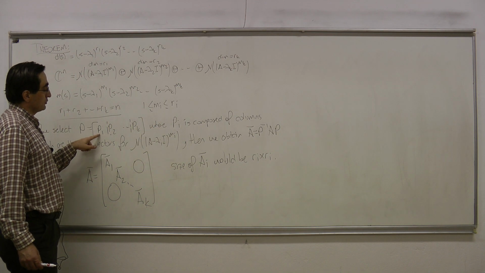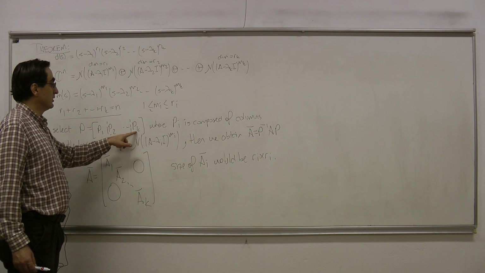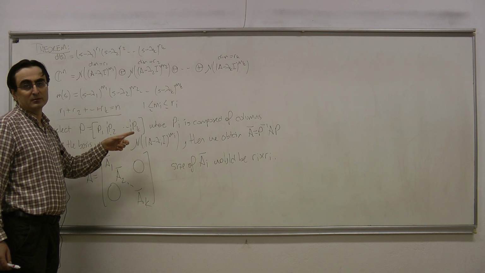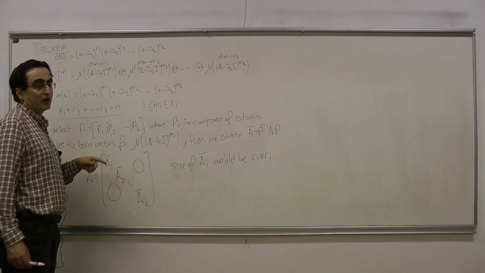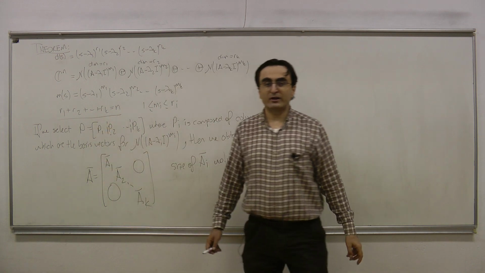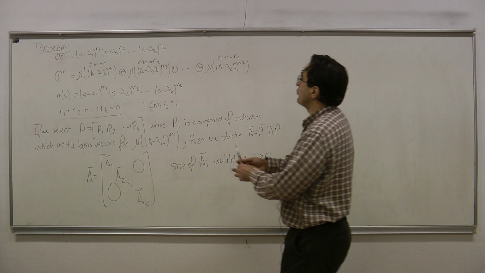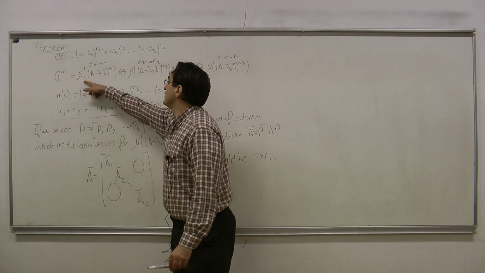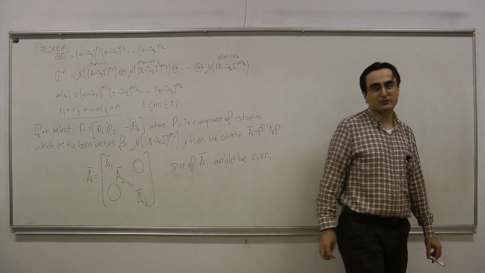So this is composed of R1 columns, R2 columns, going until Rk columns. And when I sum the number of columns here, I would obtain n columns, and all these columns are in Cn. Okay? So this P is an n by n invertible matrix whose columns would form a basis for Cn, and these columns are coming from the basis sets of these individual invariant subspaces.